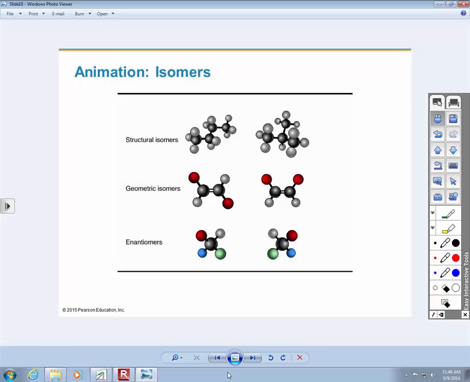In enantiomers, this would be like right hand, left hand. Those are enantiomers. So I can build a molecule that would be basically built like a left hand and one that looked like a right hand. They're exact copies, except one is a mirror image of the other one. Can do some really horrible things. They used to make a birth control pill, and they didn't realize, though, that it had an enantiomer, and it was like a mirror image of the other one.